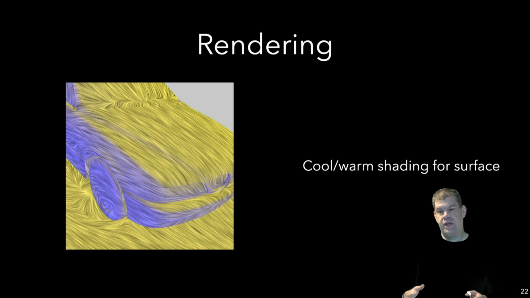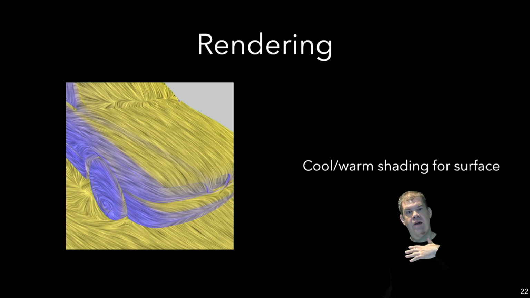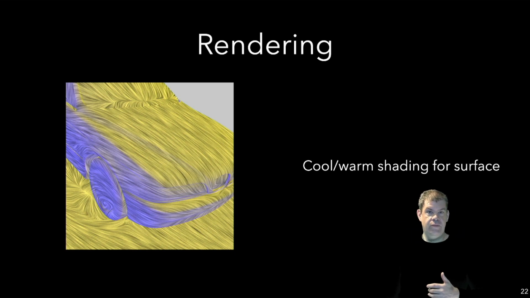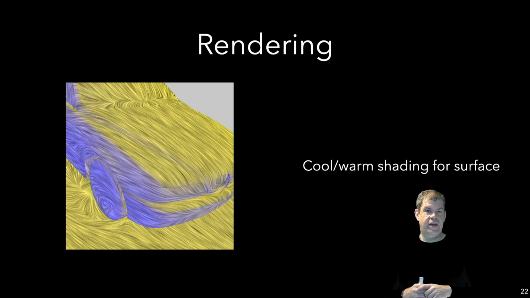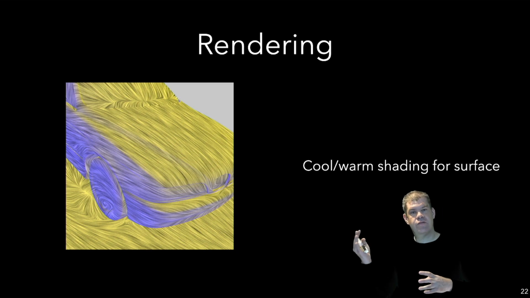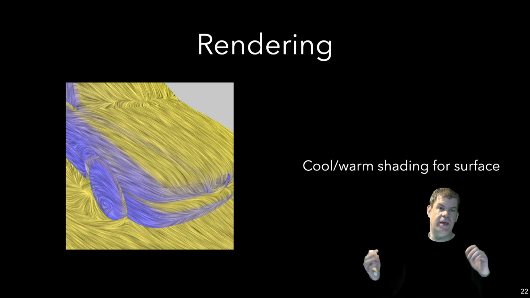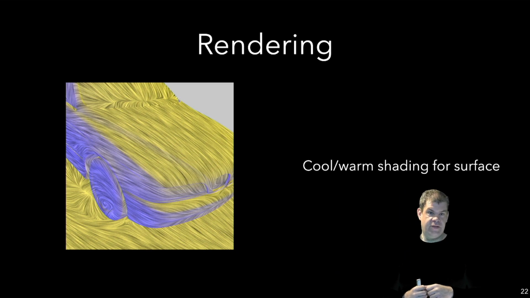What we can do is take that lighting information, that brightness between 0 and 1 that we get out of the lighting computation, and use it to modulate between two extremes. For instance, use cool to warm shading, as it's called, and that generally implies that you use a color gradient from blue to, say, yellow in this case here.